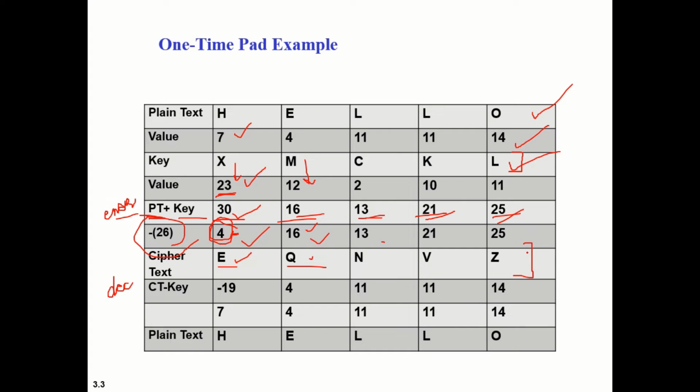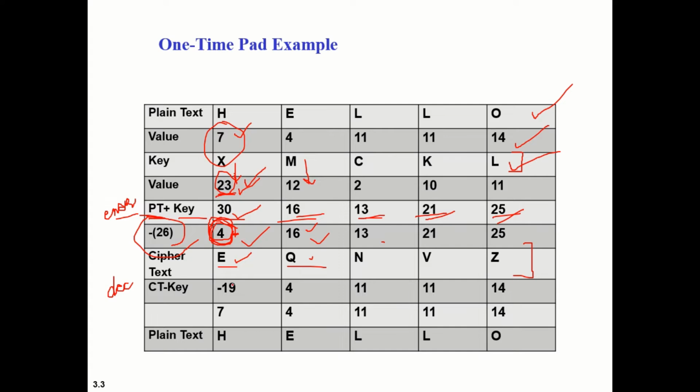Next, at the receiving end, deciphering will be done. While decrypting the message, the value which we added, the plain text and key, we will subtract. So how will it be done? The value of the key is 23 over here, and the value of the cipher text is 4.